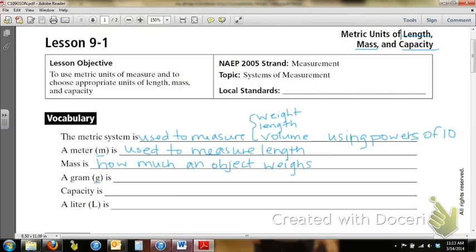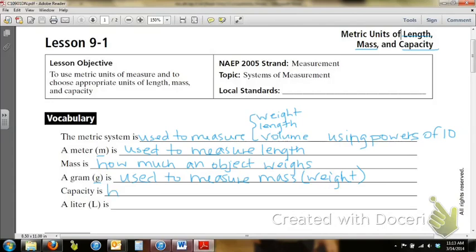A gram, which is abbreviated with a little g, is used to measure mass, which is really just weight. Like we use pounds and ounces in the United States, but most other countries in the world use grams.